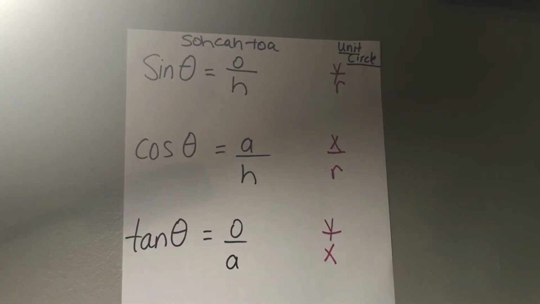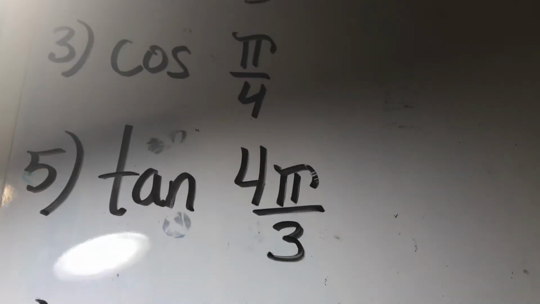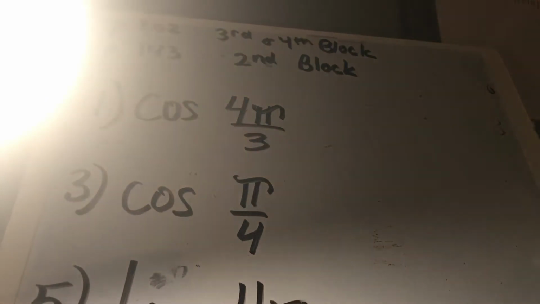To do this assignment, all right, number one, the cosine of 4 pi over 3. So you would go to your unit circle and find 4 pi over 3. All right, and it's in the third quadrant. And I need the cosine. So I just wrote down that if I'm using my unit circle, the cosine is going to be the x value divided by r.